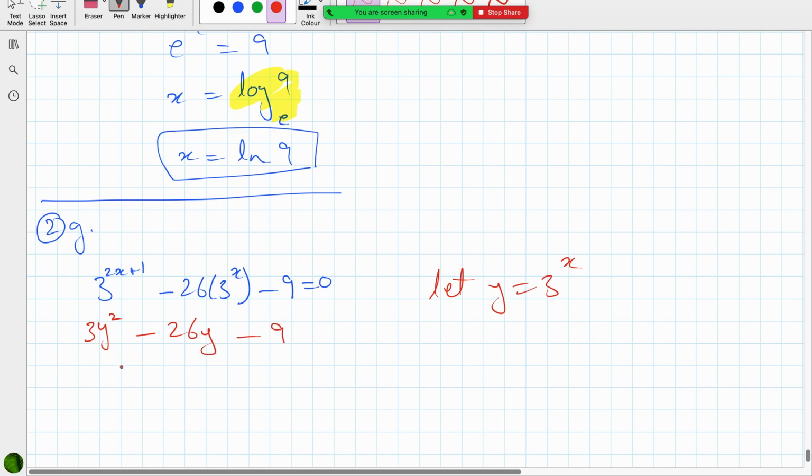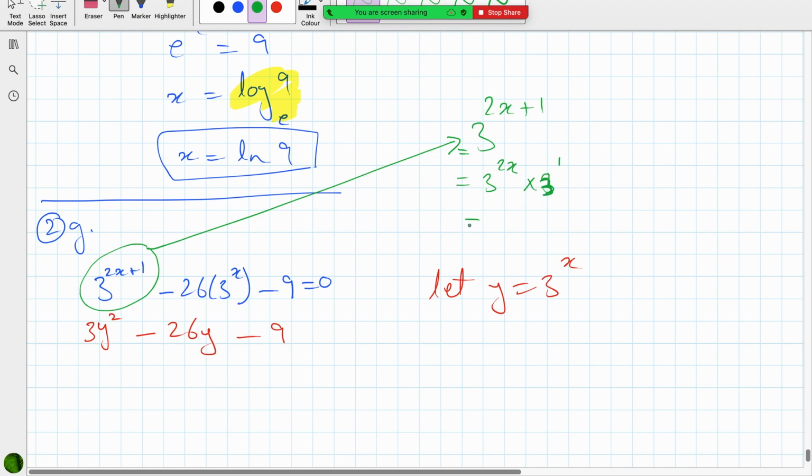Can you see through this that this is 3y square? This thing, 3 raised to power 2x plus 1, if something is added, I can see that this was previously multiplied. Bases same, powers add up, and then I can see that this is y square into 3, and writing it as 3y square directly.